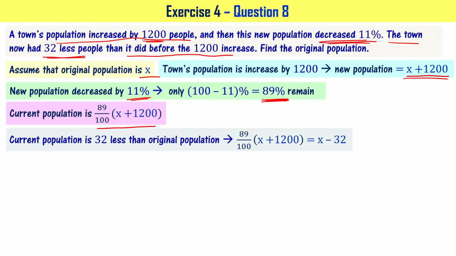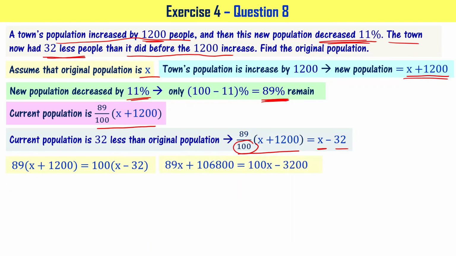So I can write it as the current population is equal to the original population minus 32. Now we have to solve this equation. For that, I can first transpose this 100 to the other side so that it is going to multiply. So the equation now I can write as 89 times x plus 1200 equal to 100 times x minus 32, right?